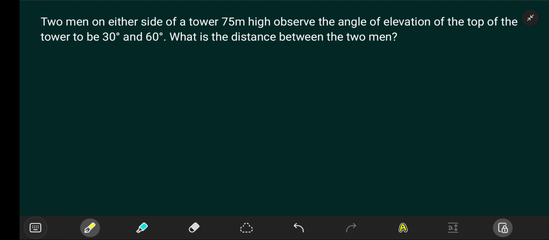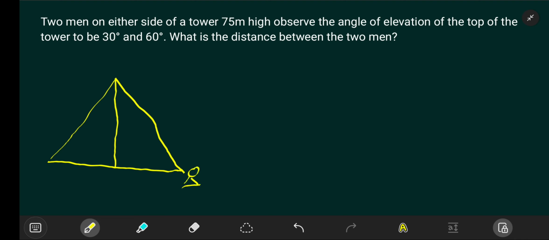There is a vertical tower standing on the ground. Two men are on either side of the tower, one person on this side and one person here.